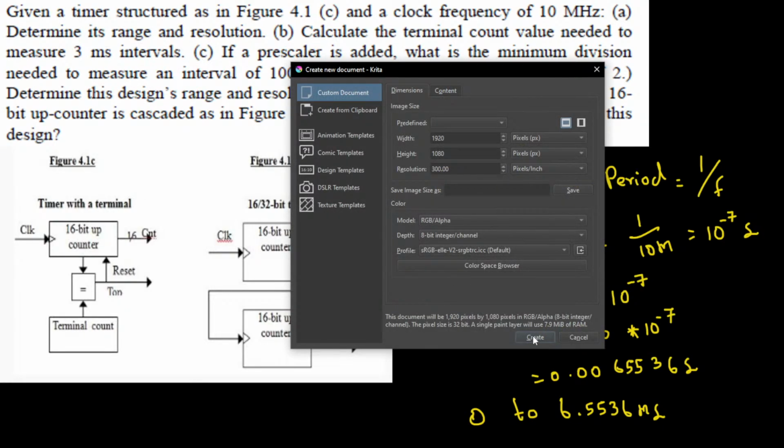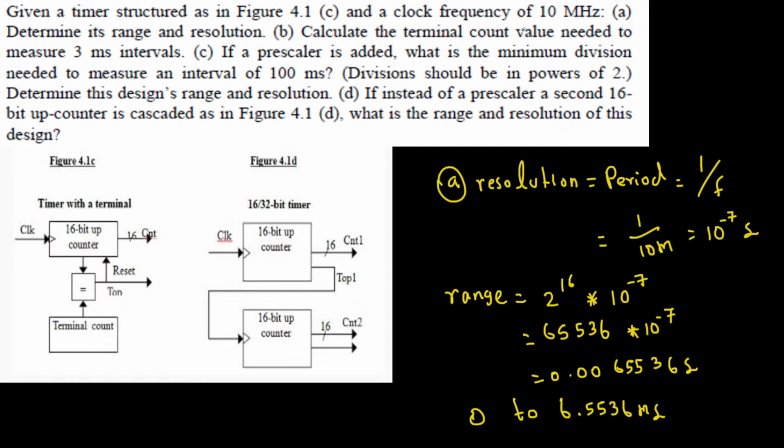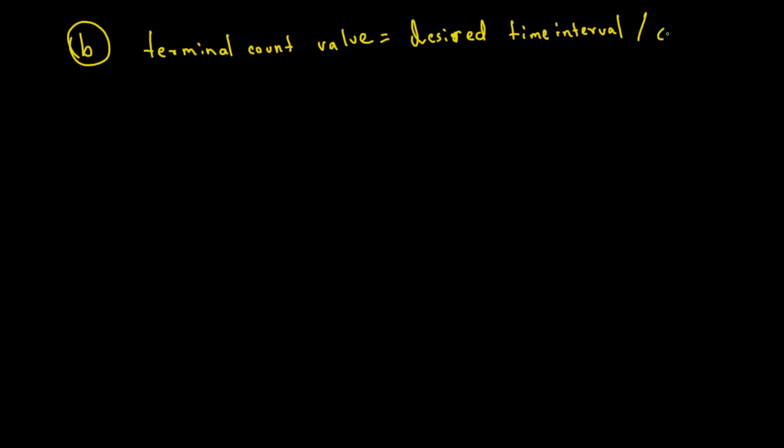Now let's look at the B part. The question is asking to calculate the terminal count value needed to measure 3 millisecond intervals. We want to find the terminal count value. The terminal count value is nothing but the desired time interval divided by the clock period.